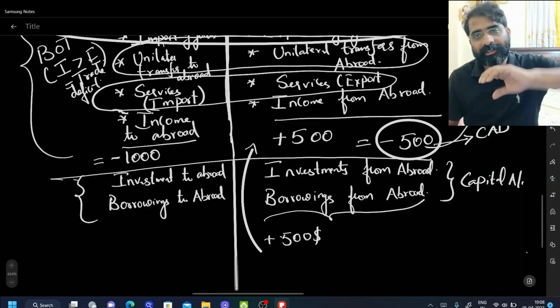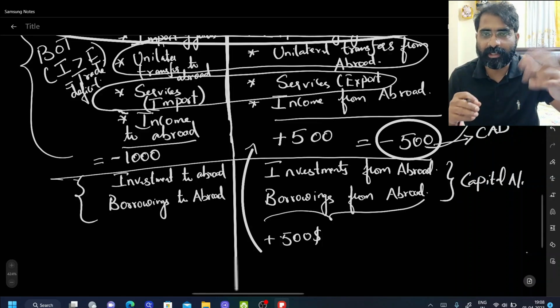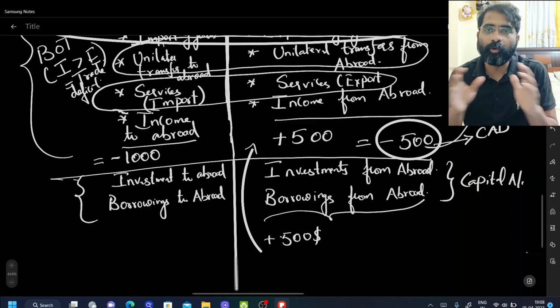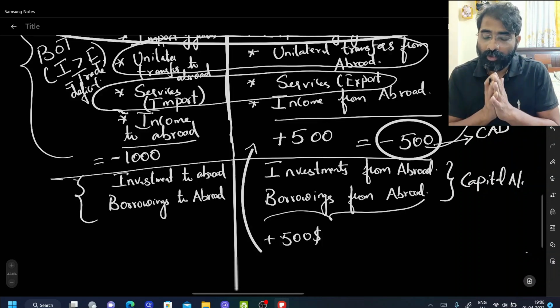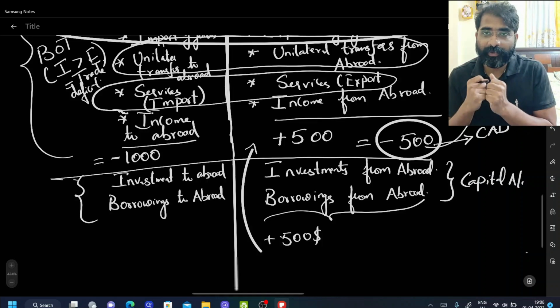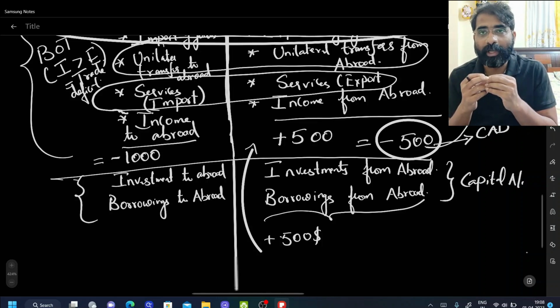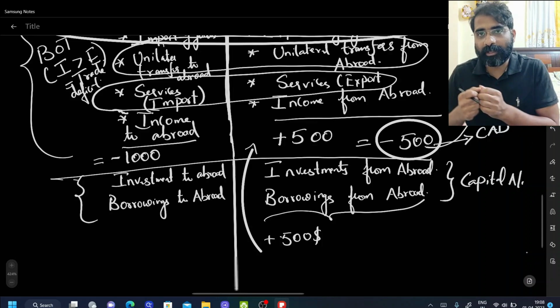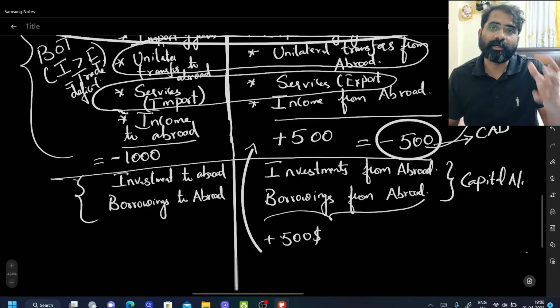BOP will become zero. So investments moving into India, that is, something coming into the capital account, will also help in handling the current account deficit.